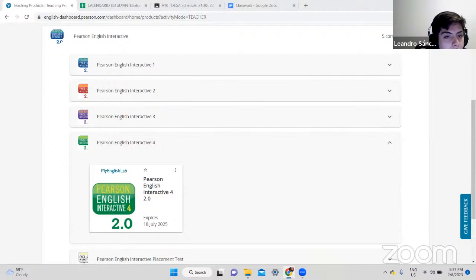Sorry, I don't sign in the platform. Okay, so where do you have your new username and password? Do you have it with you, that information? Yeah, in a PDF. Good.